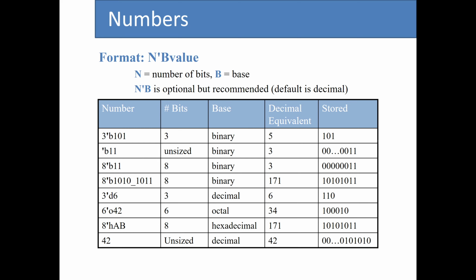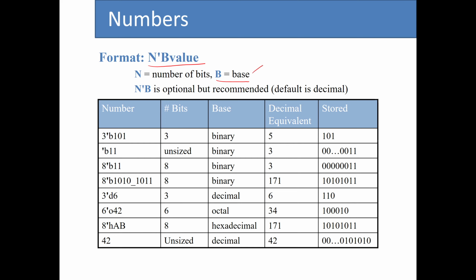So now let's see how we can represent numbers in SystemVerilog. The general format for representing a number in SystemVerilog is like this. We have the capital N, which shows the number of bits that you have for your number. Then you have a single quote as a separator. You have this capital B, which specifies the base.